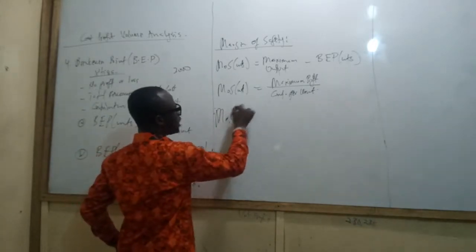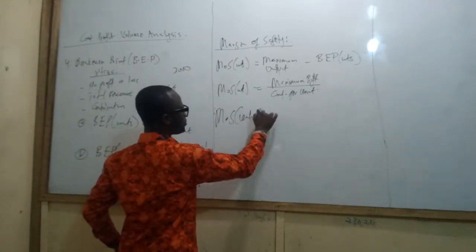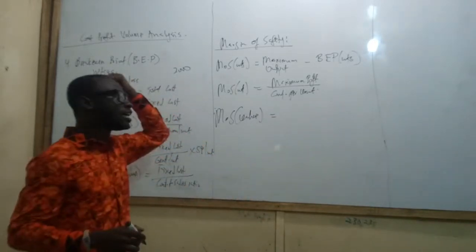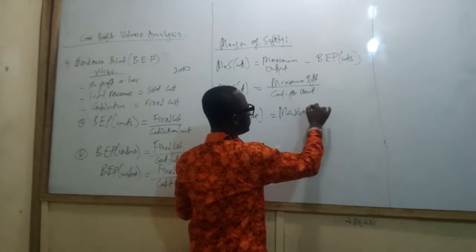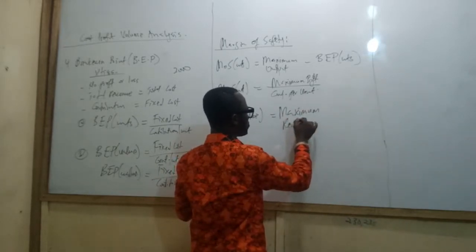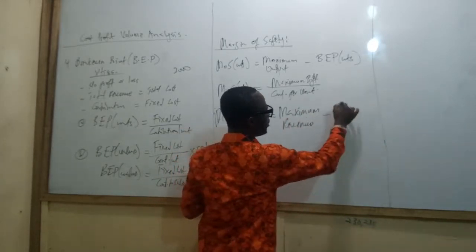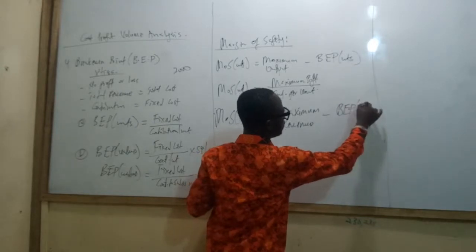Then margin of safety in value can also be calculated as maximum revenue minus break-even point in value.